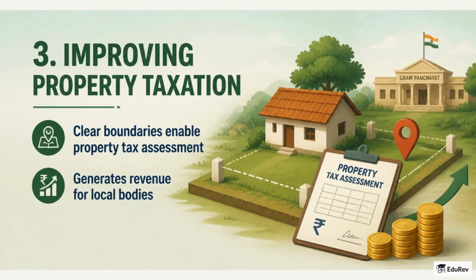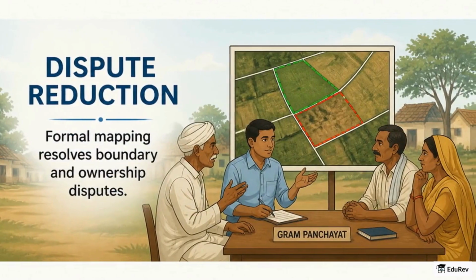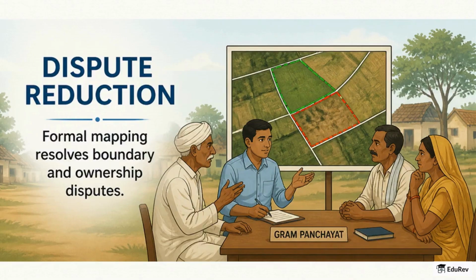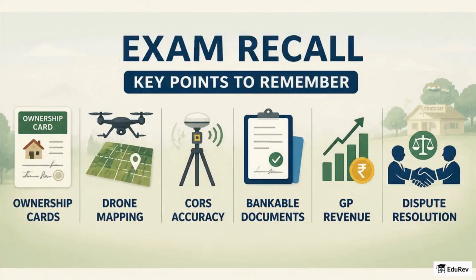Clearer boundaries make property tax assessment possible and can add revenue to local bodies. Fourth, dispute reduction. Formal mapping helps resolve long-standing ownership and boundary disputes in villages. For exam recall, remember the shortlist: ownership cards, drone mapping, course accuracy, bankable documents, GP revenue, and dispute resolution.